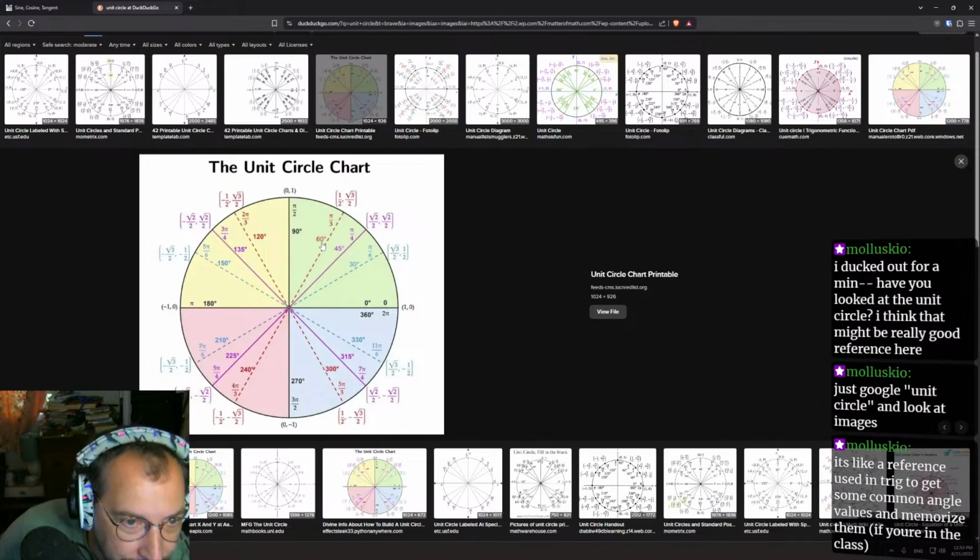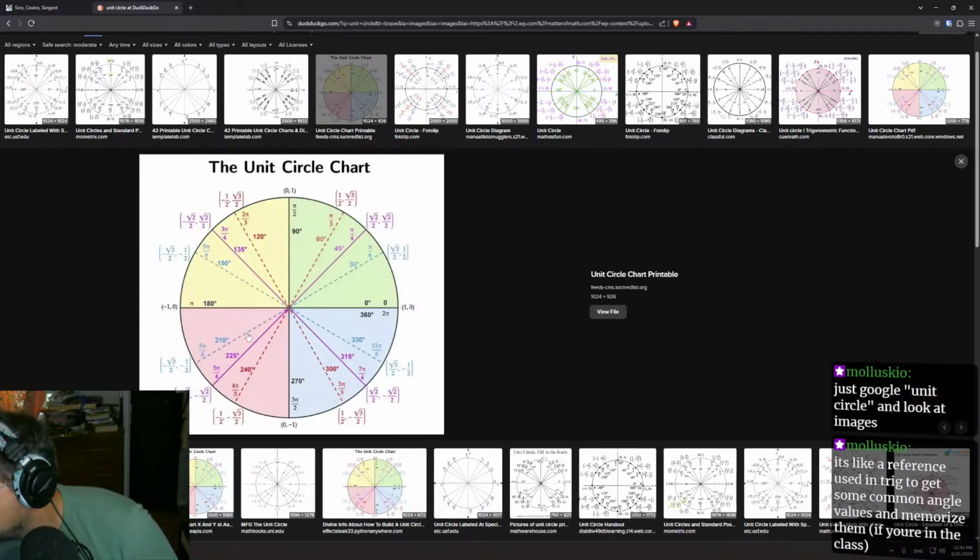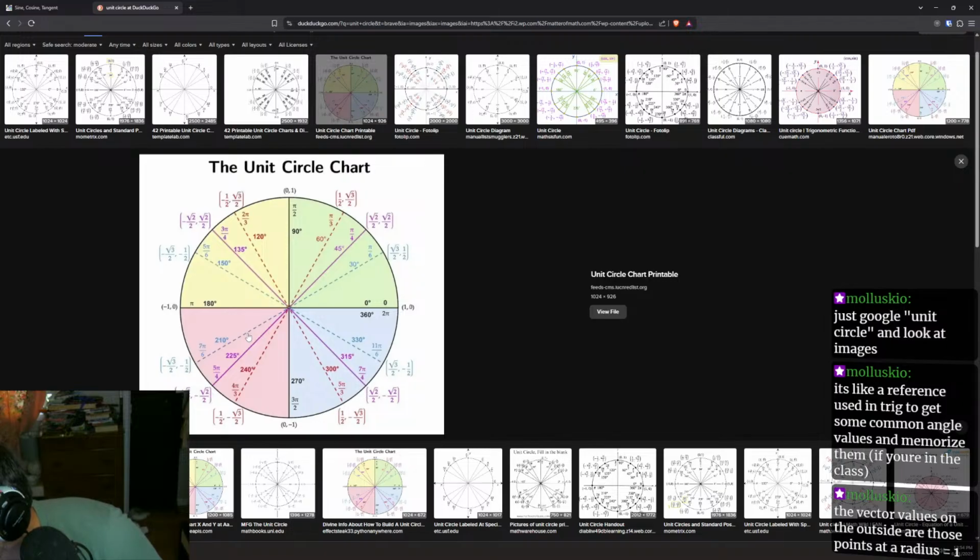Pi over 3. Okay. Pi over 3. The vector values on the outside of those points at a radius equal to 1.